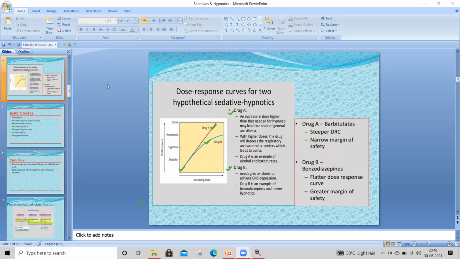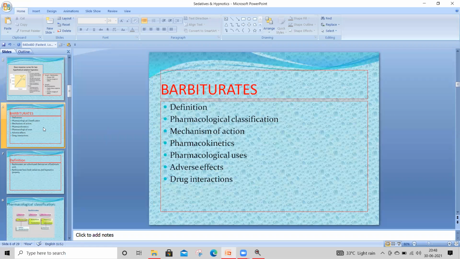Now you have to know about the barbiturates, and here you have to know the pharmacology of barbiturates.